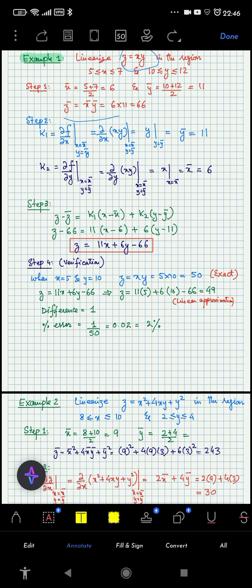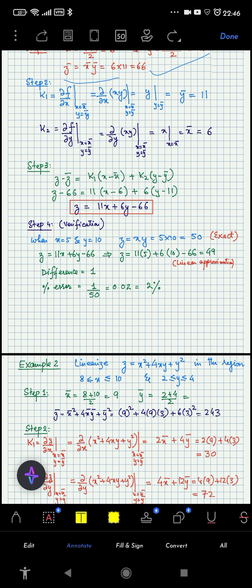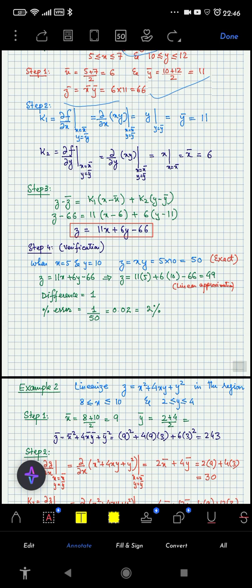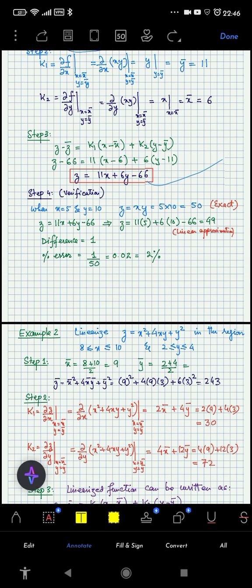We got z bar, which is 66, and k1 is equal to 11 with x bar equal to 6, then we add k2, which is 6, times y minus y bar, where y bar is 11. This gives us z in linearized form.